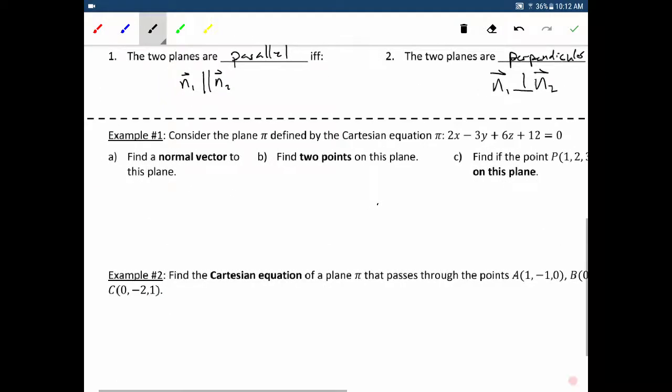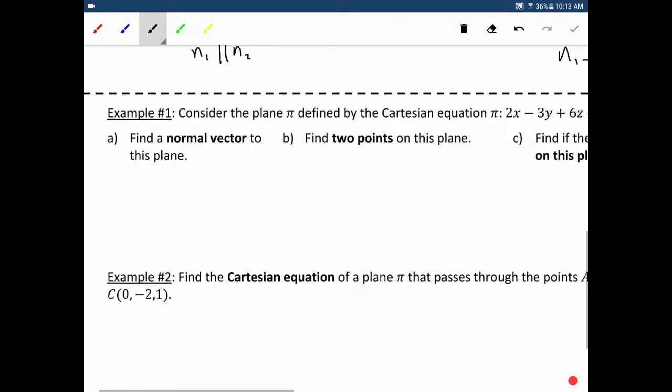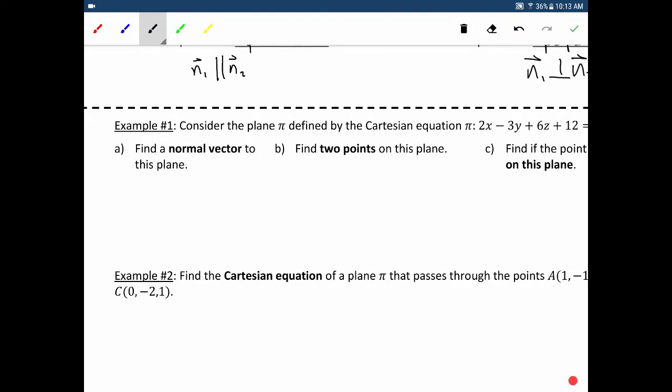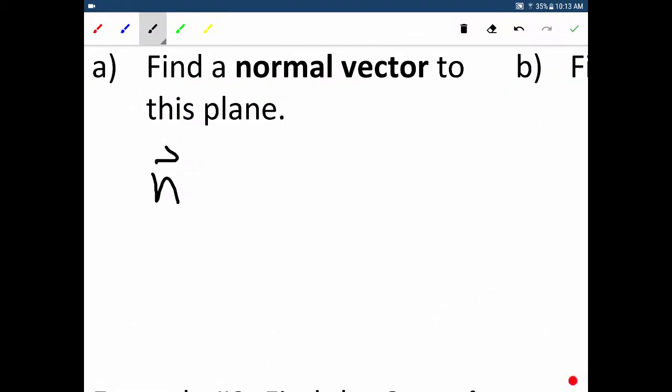So I'm going to give you a plane, and the Cartesian equation here is 2x - 3y + 6z + 12 = 0. If I want to find the normal vector for this plane, the vector that is perpendicular to it, I can just say n. You have your sheet in front of you.